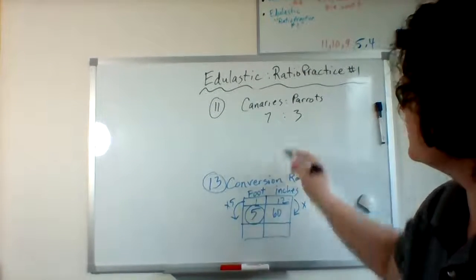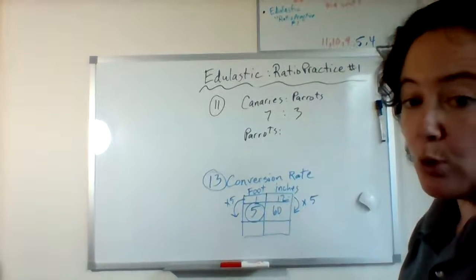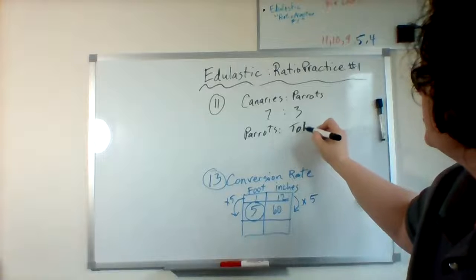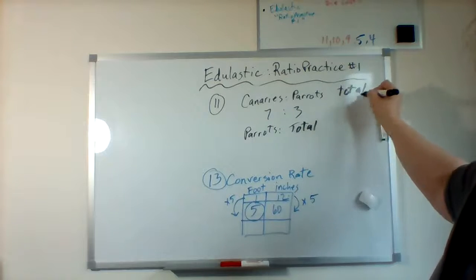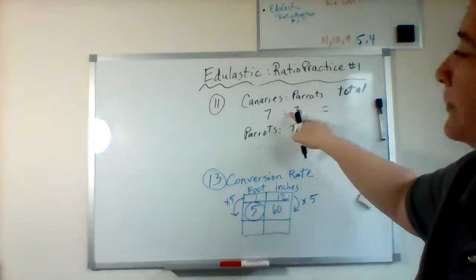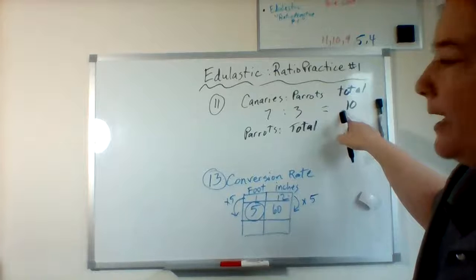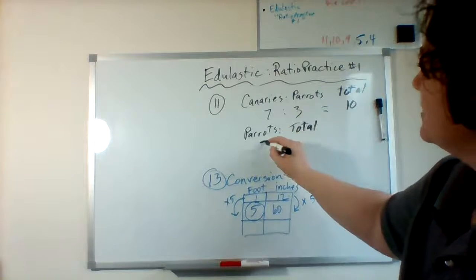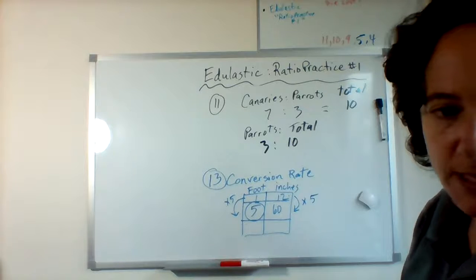The ratio of parrots to the total number of birds. Well, what's the total number of birds? 7 plus 3 is 10. So my total number of birds is 10. My parrots stays the same, but the total is 10. So 3 to 10.